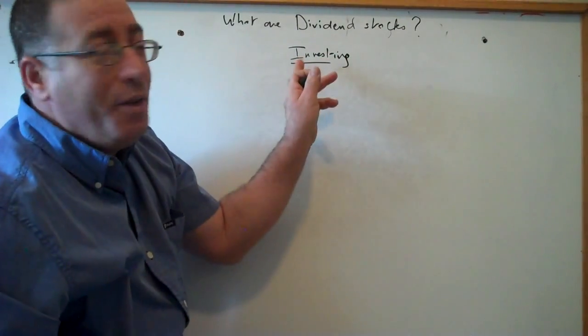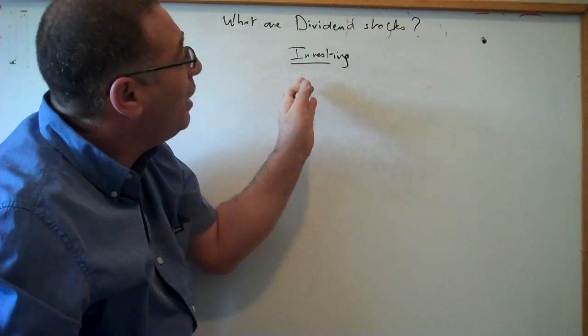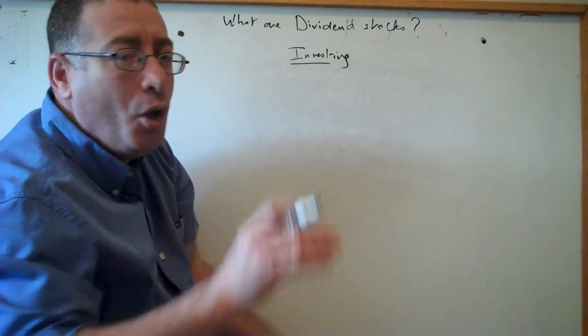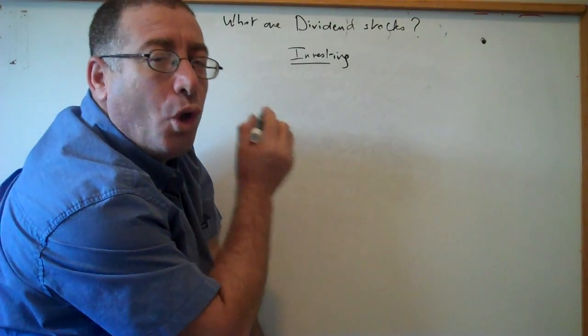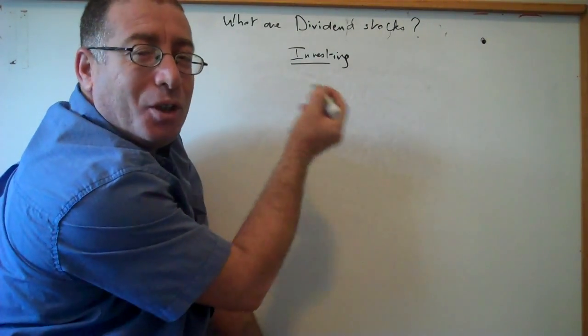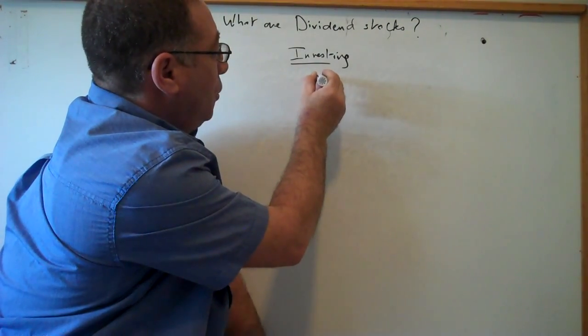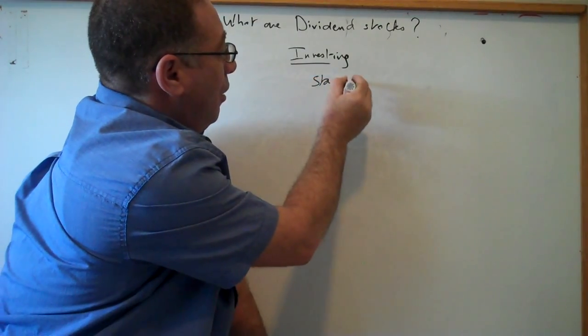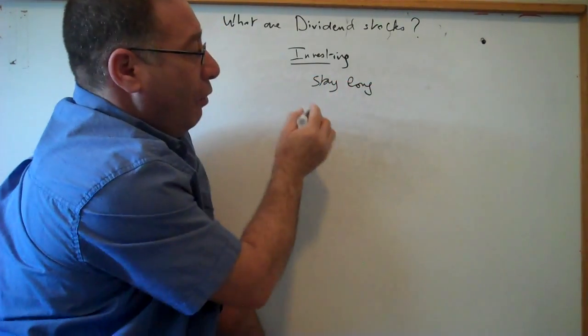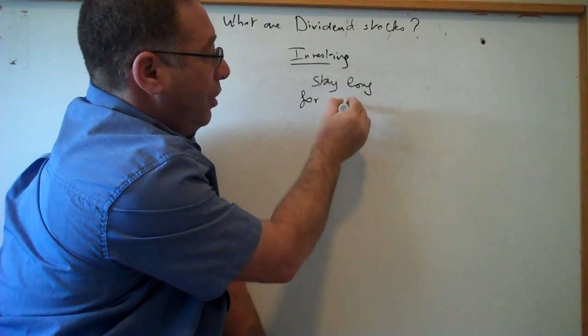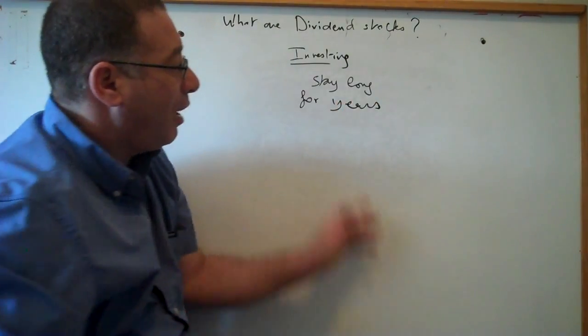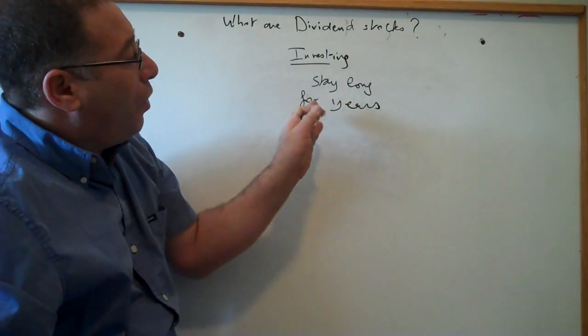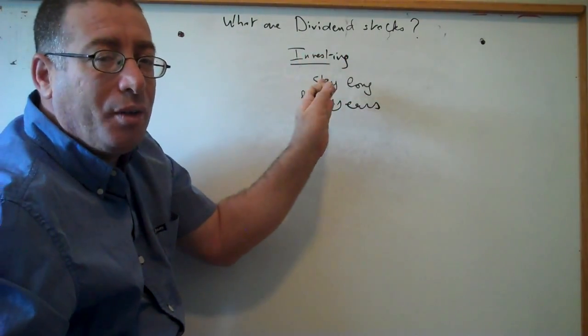Okay, investing, what does it mean? It means when you buy these stocks, you will stay for long. That's why we say to go for long, to stay long, for years. Okay, so you invest for long.